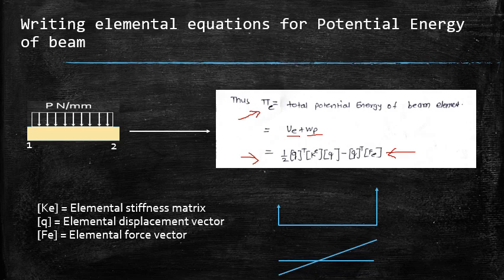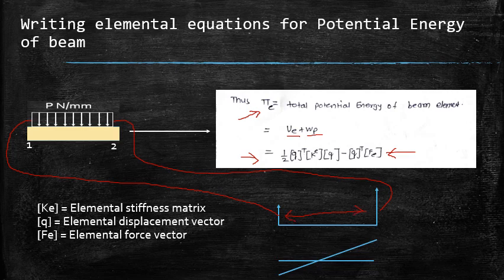cubic displacement model. Another thing is that, now listen carefully, since we have broken down this UDL into nodal forces, and nodal moments are not shown here, we have broken down this UDL into nodal forces between two nodes. See, there are no forces between these two nodes.